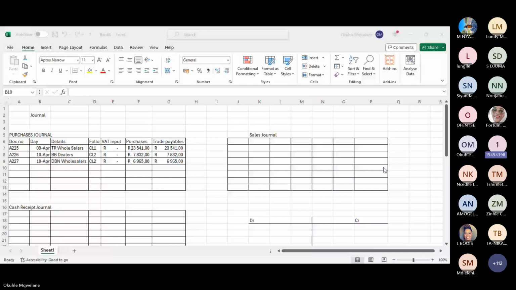Hello. I just wanted to ask about the date. Are we supposed to put two dates, like 10 April, 10 April, or just one date, because those transactions happened on the same day? You are right. Usually on your CRJ, you don't need to write your date twice. You just write it once.